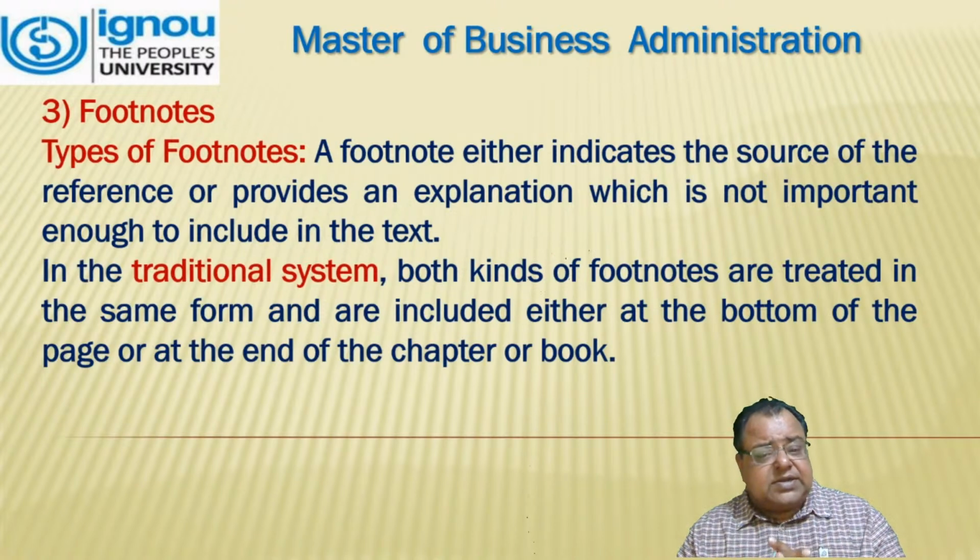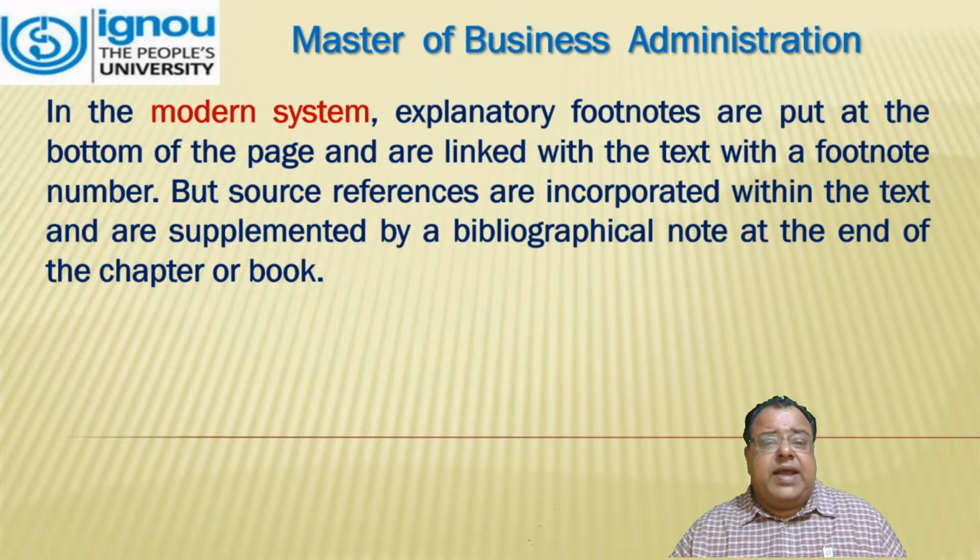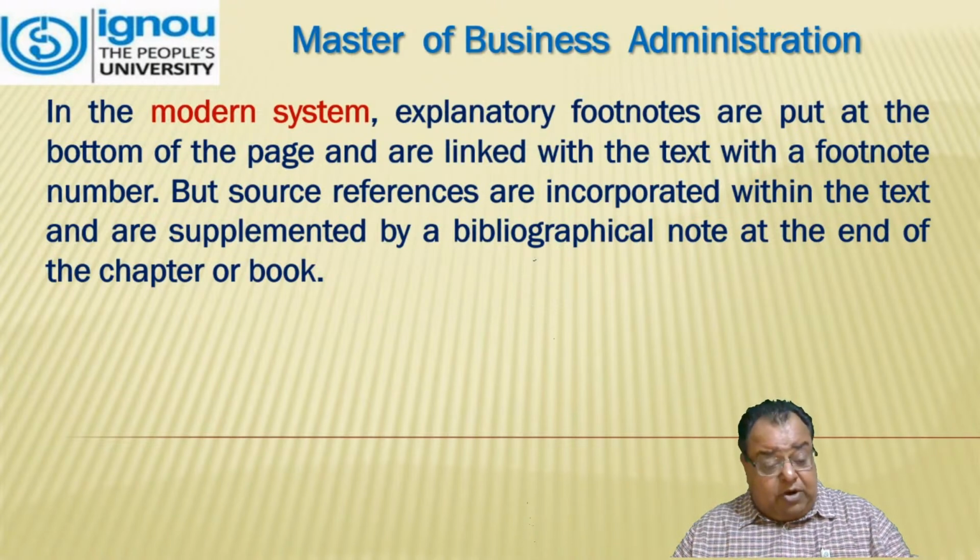In the traditional system, both kinds of footnotes are treated in the same form and are included either at the bottom of the page or at the end of the book or chapter. In the modern system, explanatory footnotes are put at the bottom of the page and are linked with the text with numbers.